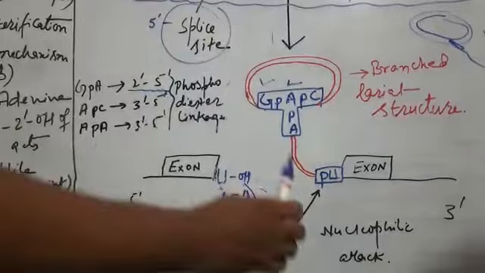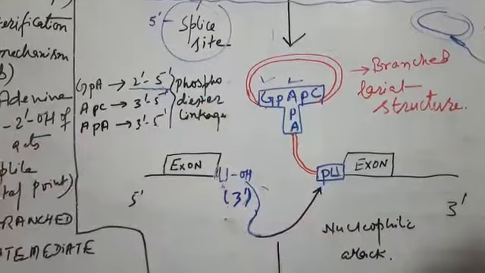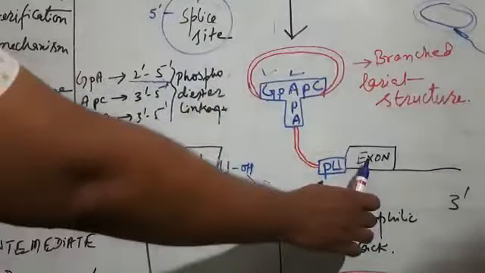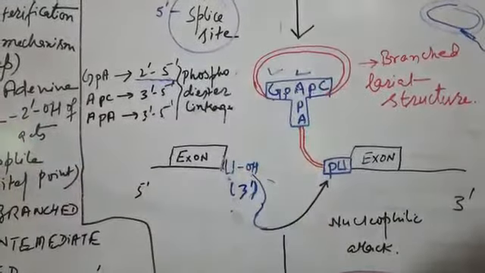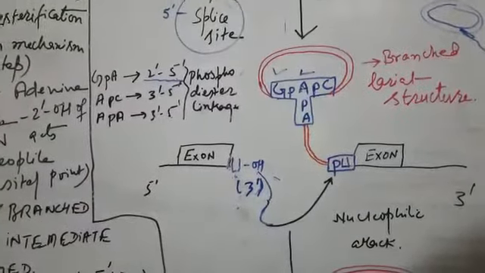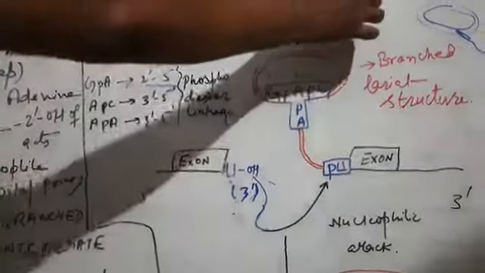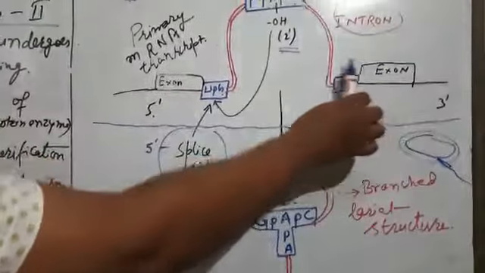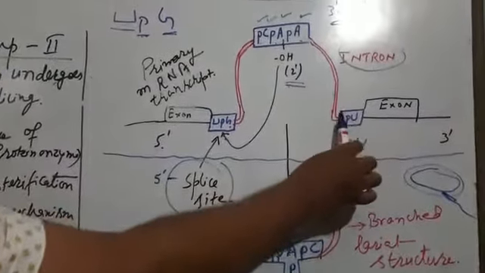At where? At the junction of exon and the branch lariat structure. Well, this is the splice site between exon and intron. You see where they are joined.